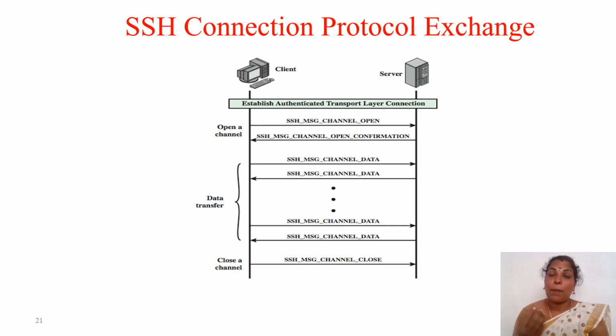So, SSH message channel open. Then if the server gives a confirmation, the channel is opened. Then all the data is transferred with SSH message channel data, from client to server. Finally, once everything is over, the client sends a message to the server to close the channel.